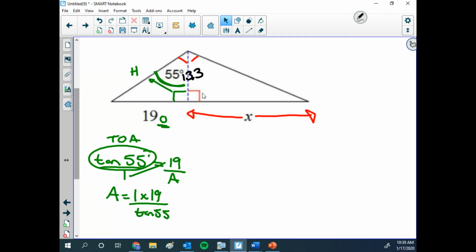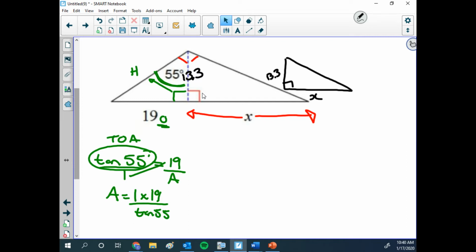The problem is, if I look at X right now, if I'm looking at this triangle, I have this as X. This is 13.3. I know this is 90, but now what? I don't have enough information there. I either need another side length, or I need an angle. How can I figure out either one of those?